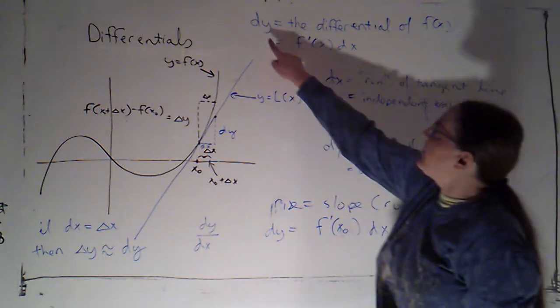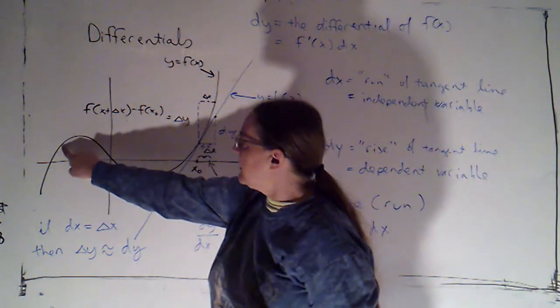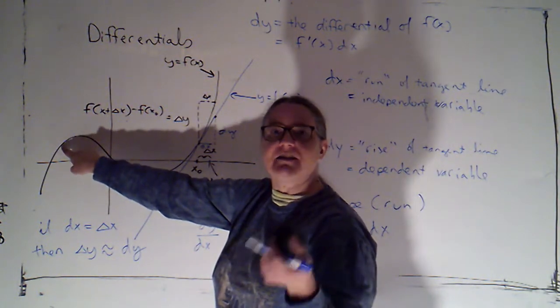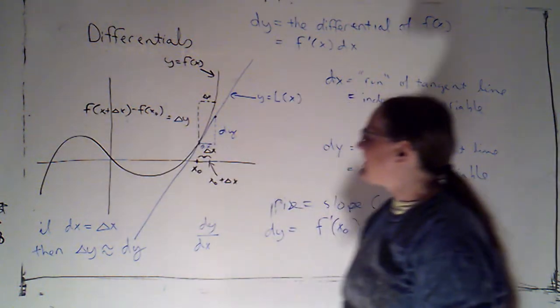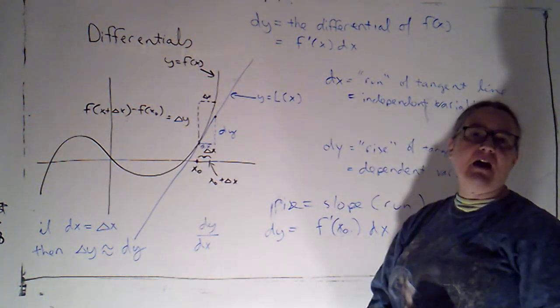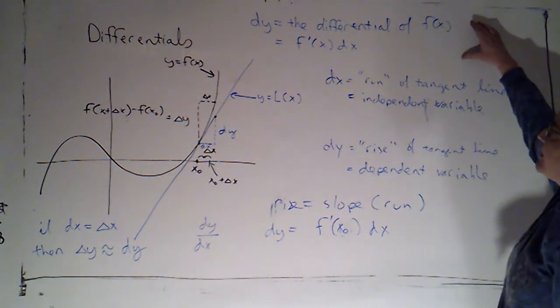But this is my formula for the differential. So if I wanted to use a differential over here, I'd calculate the derivative here, I'd determine how much I wanted to allow x to change, and then I could use that to approximate how much y is going to change. So this is the formula for the differential.